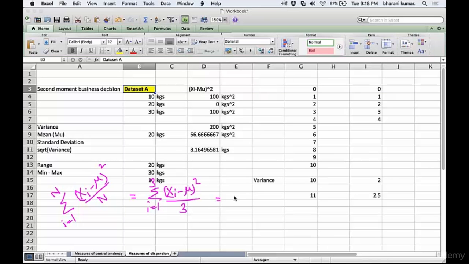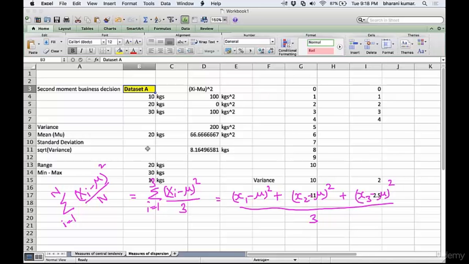If you were to expand this, if I substitute i equal to 1, it will be x1 minus mu whole square, plus i equal to 2, x2 minus mu whole square, plus i equal to 3, so it will be x3 minus mu whole square, and you divide it by 3. Alright, so this is the formula.